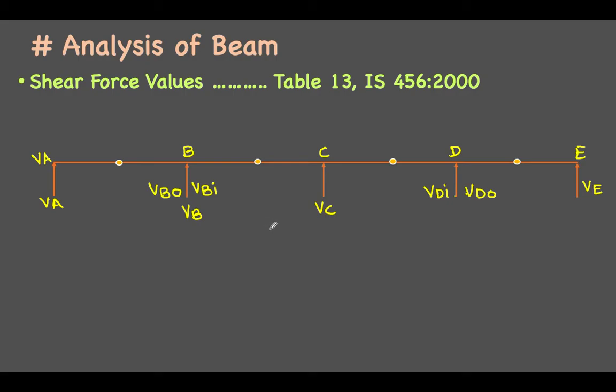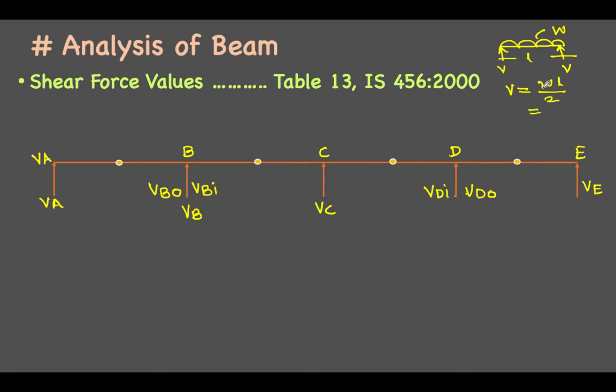Same way, when we are calculating shear force values, we will be multiplying it by total load. So if I consider a simply supported beam subjected to uniformly distributed load, what is its reaction at support? If this is W, if this is L, then the support reaction V is equal to W into L, the total load, divided by 2.